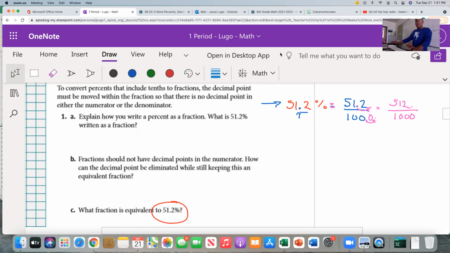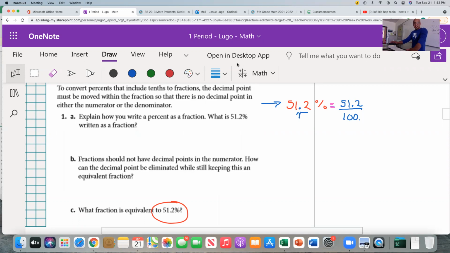Let me recap what I just did before I explain it. Once again, ladies and gentlemen, we started with 51.2%, and we saw that 51.2% is the same thing as 51.2 over 100. And yes, there is a decimal right here at the end of 100.